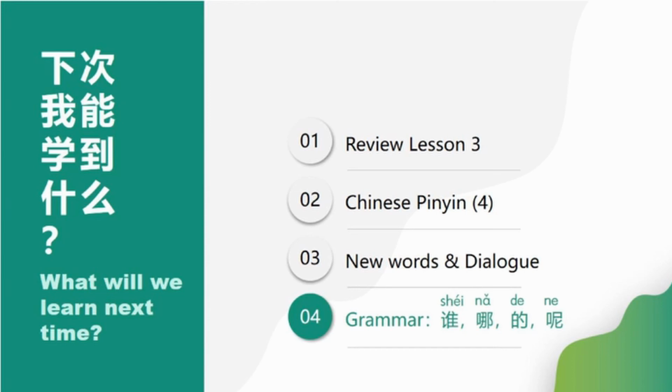I say 我叫法美. Both sentences are right. 我是法美 is right. 我叫法美 is also right. Both are right.